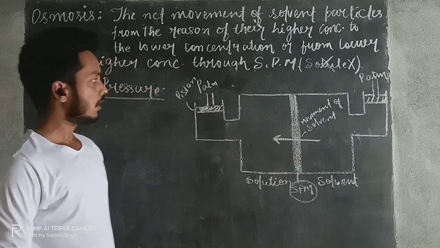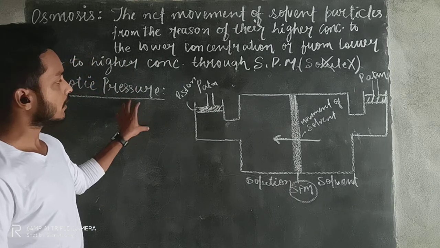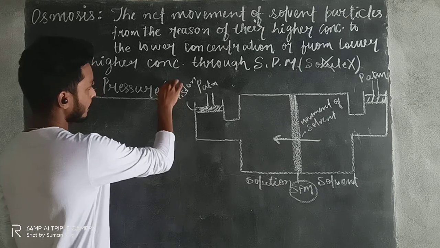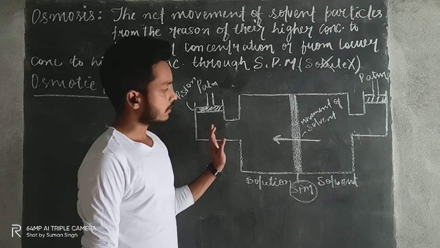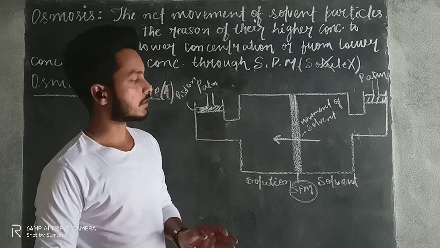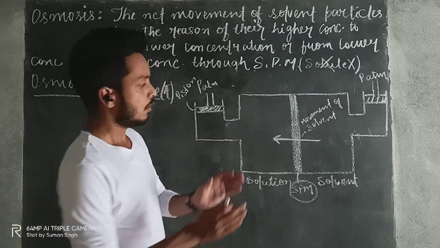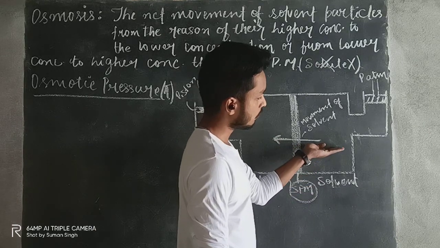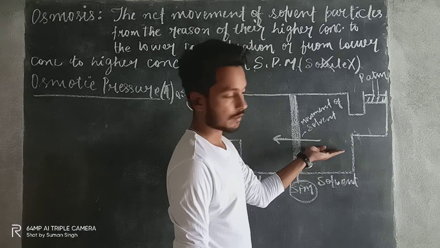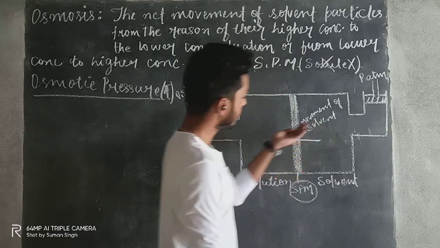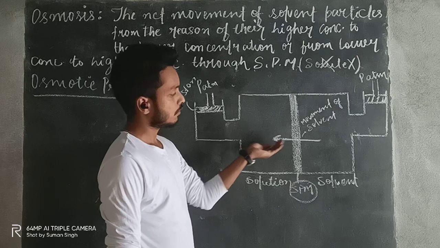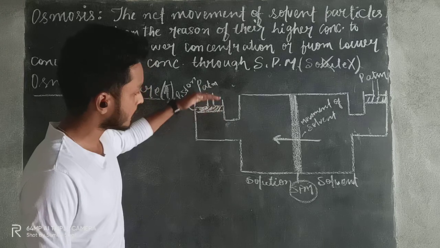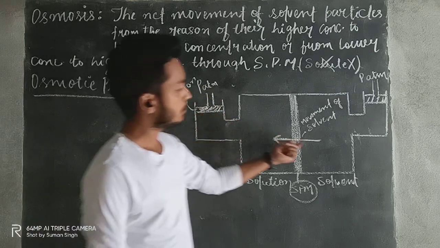Now here the word osmotic pressure arises. It is denoted by pi. What is osmotic pressure? It is very simple. To stop the movement of solvent particles from this side to this side, we will apply pressure.